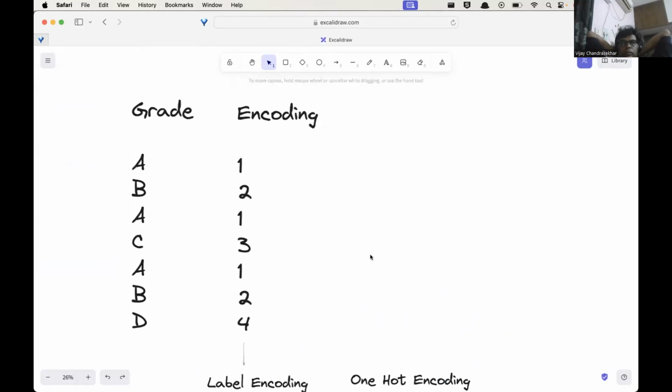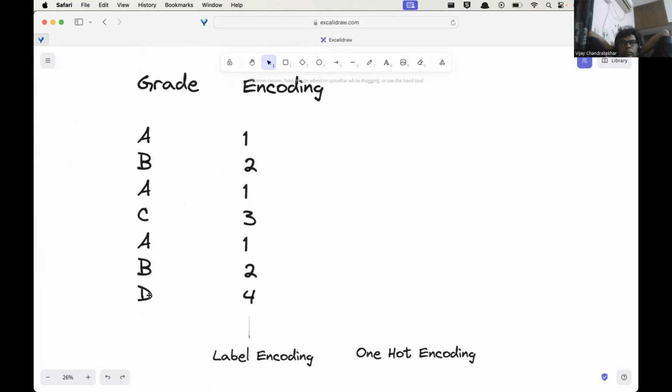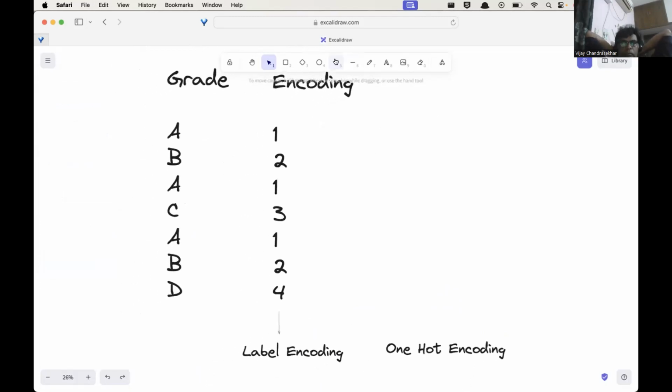The way it works is that for every unique value... quick pop quiz for all of you. The number of unique values in a set has a specific term. You have a set, and I want to find the number of unique values in the set.